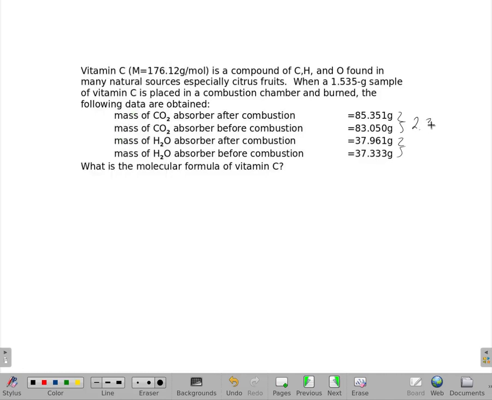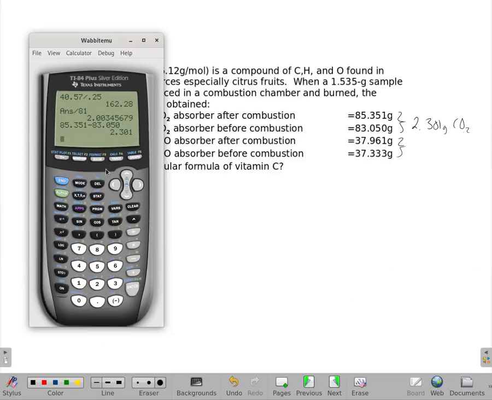Excuse me. All right, so doing the same thing with the water. So I got 37.961 minus 37.333, which is 0.628 grams of water.